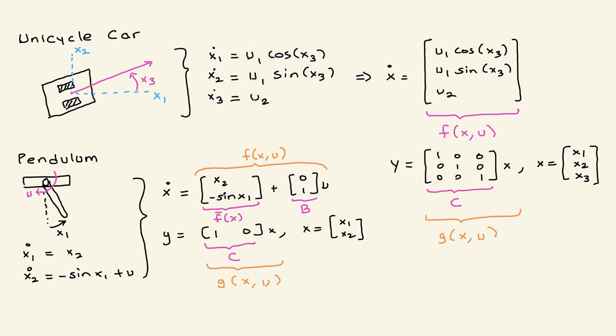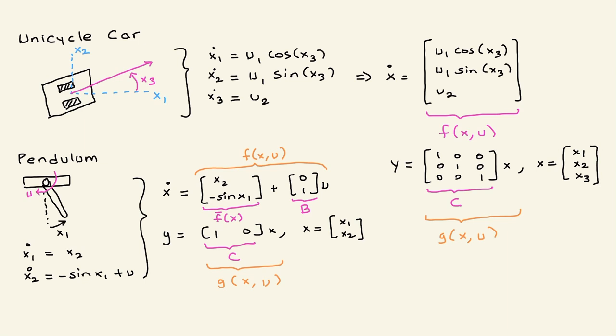So speeding up with gas or slowing down changes your U1, and steering your wheel changes your U2. This is similar to the car, but with two wheels. This is a unicycle car. It is a nonlinear system with 2 control inputs.